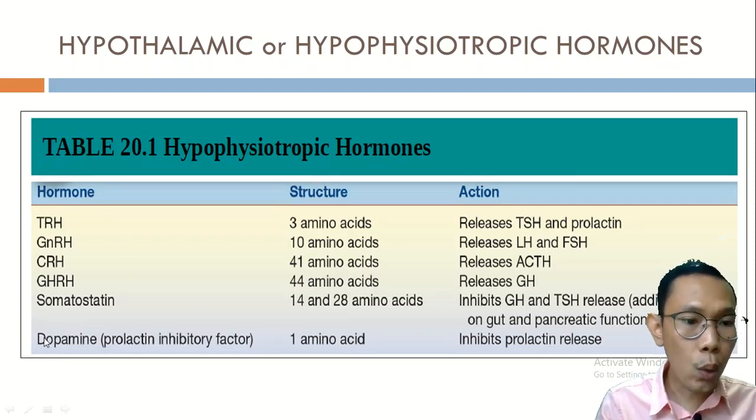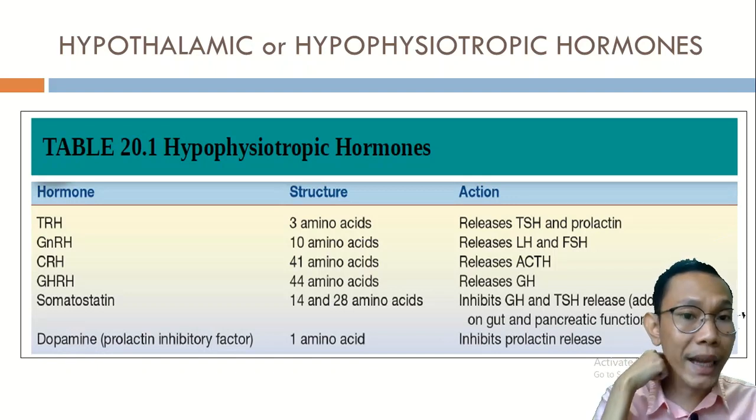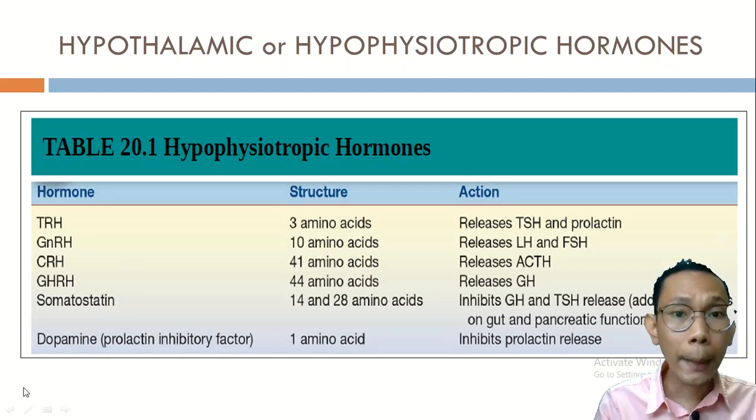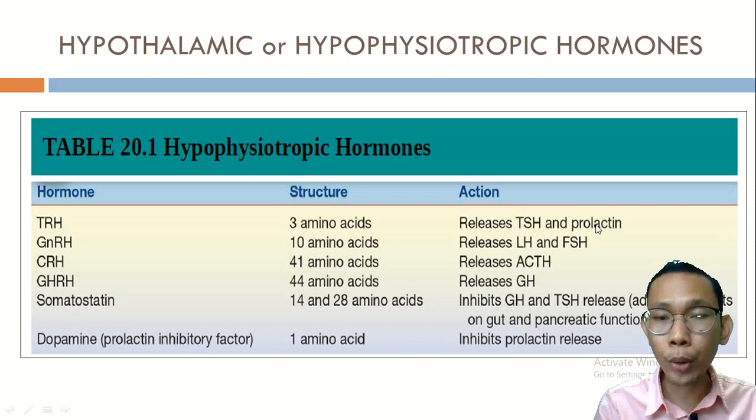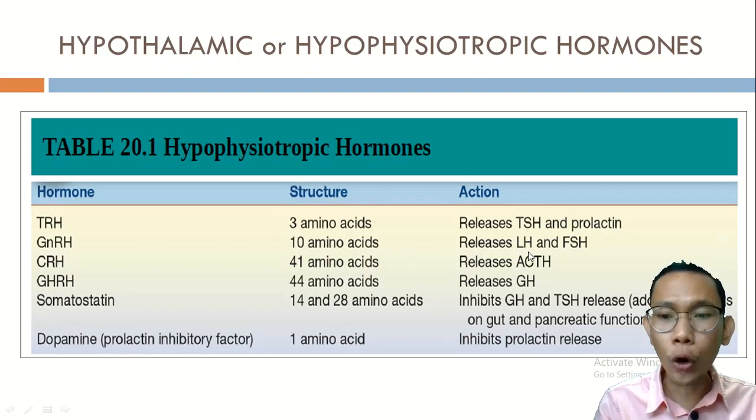all of these hormones will have one target organ. What is the target organ? Main target organ, rather. The main target organ for this one is your pituitary gland because number 1, TRH releases your TSH and your prolactin in your pituitary gland. Gonadotropin releasing hormone will release your luteinizing hormone and your follicle stimulating hormone.